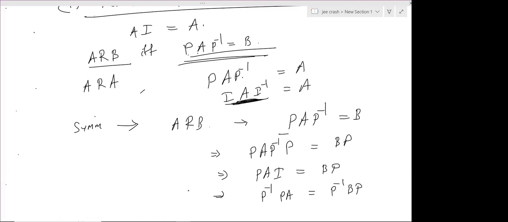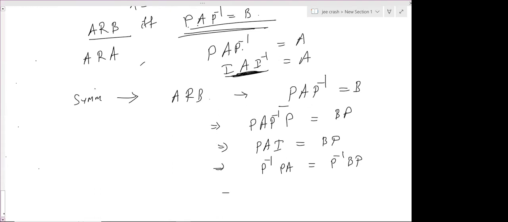Yes or no? So this becomes I A, which is P inverse B P. So I can write P inverse B P equals A matrix.